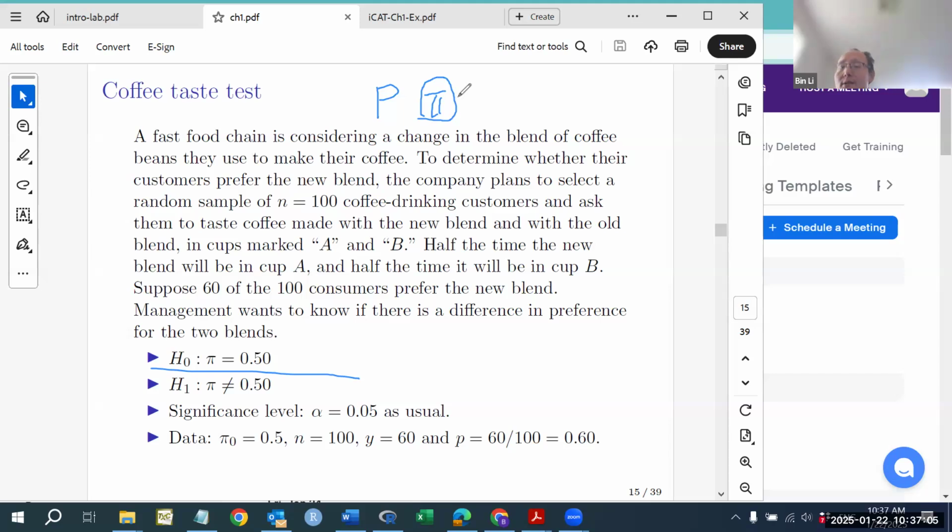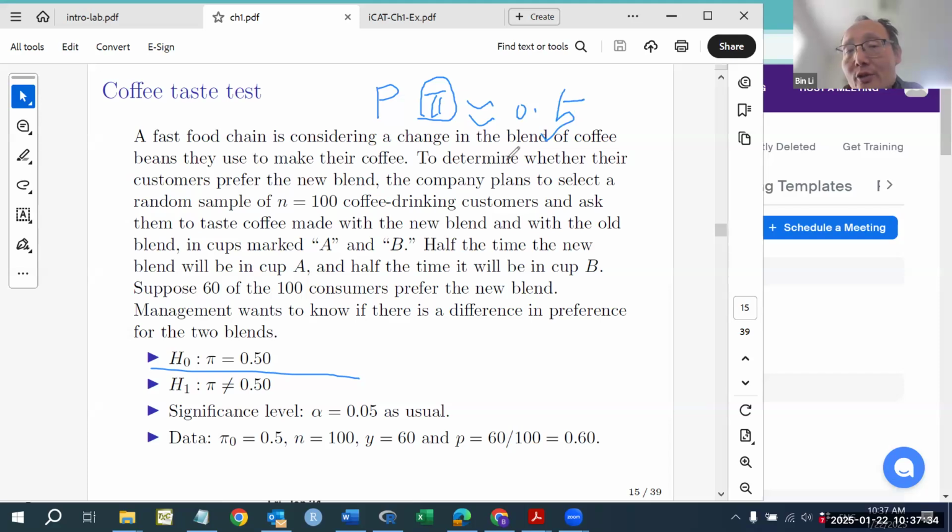Because for the binomial, the variance and the standard deviation depend on pi, right? And what value of pi is easiest for doing the test and constructing the confidence interval? That happens when pi is close to 0.5.